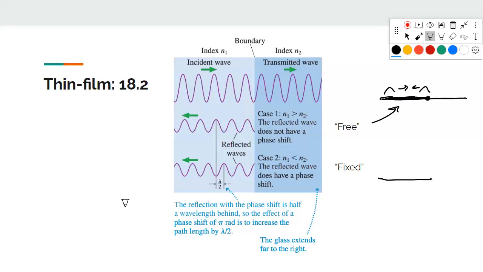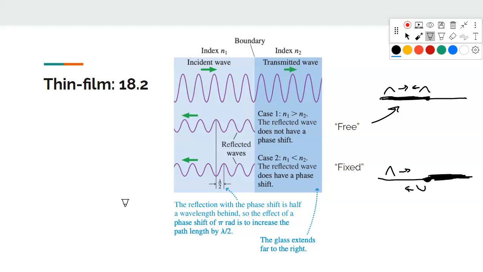However, if we have the opposite case, if we have a light string connected to a heavy string, and here I mean that in terms of mass density, just to be clear, the mass per unit length, so the mu. So in this case, if we have a pulse come in, when it's reflected, it'll be inverted. And this is a result of the fact that the heavier string doesn't move as much.